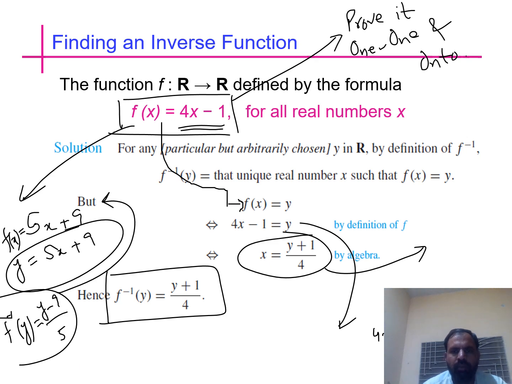We find the value of x from this equation by basic algebra, y plus 1 divided by 4. So x is f inverse of y. So this is the value of the function f inverse of y, the inverse function. From this method we can find the inverse functions.